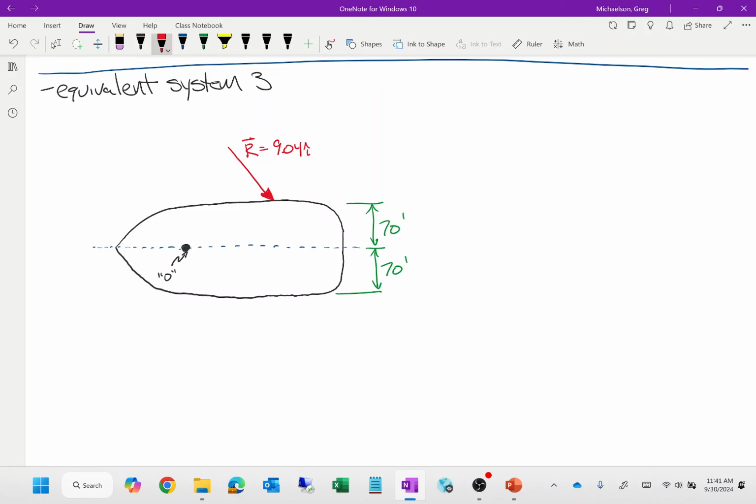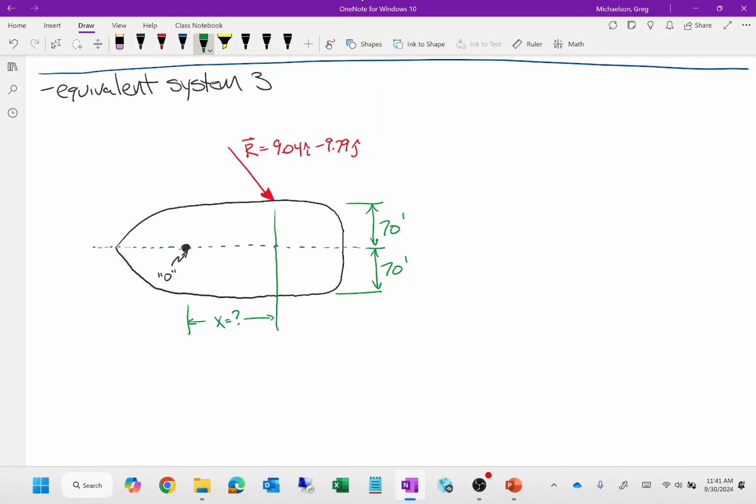Okay. The problem is asking, where do I put it? So maybe what I need to figure out is that. How am I going to figure that out?